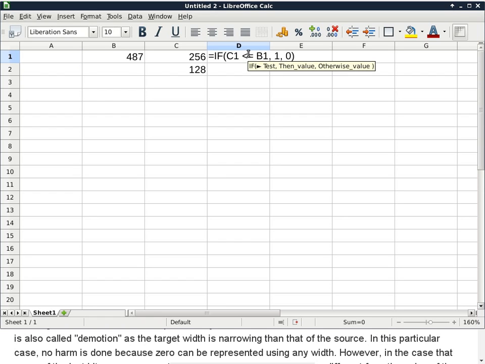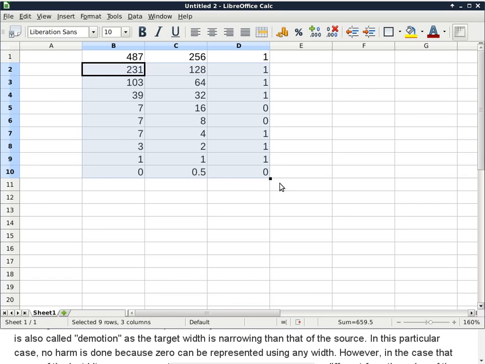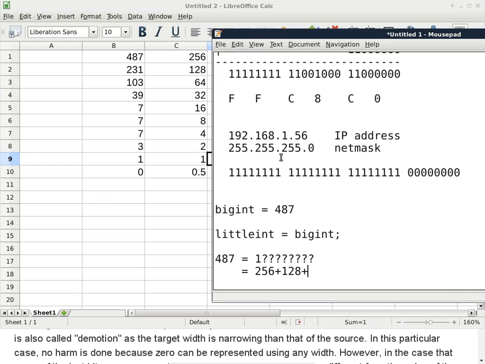Keep flipping the, this number minus this number times this number. There we go. So now we have the binary representation, which is 1 1 1 1 0 0 1 1 1. Okay. Switching back to here.